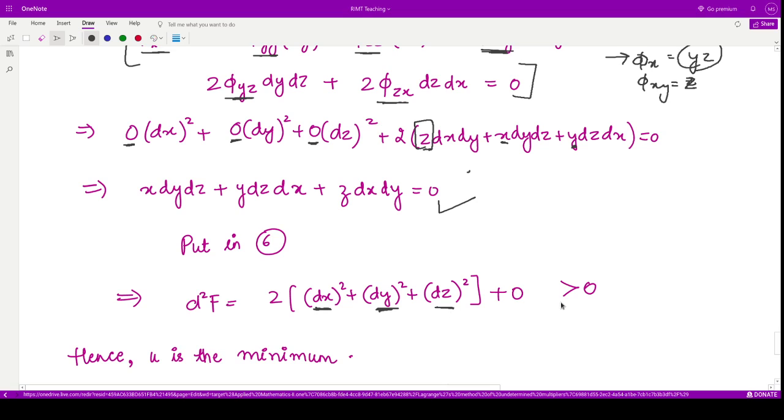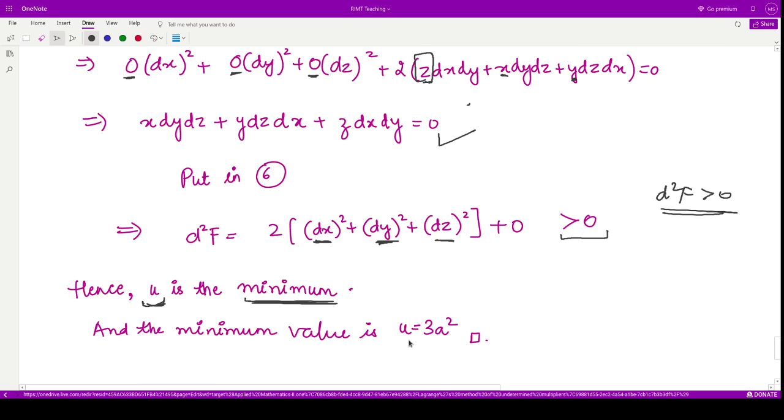So this is always a positive quantity, and whenever your d2f is positive, using the results of the test, we say that the given function is a minimum function. So you have a minimum value of u, and that is equal to 3a square.